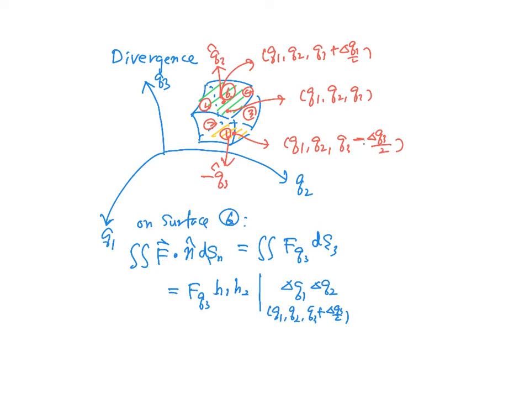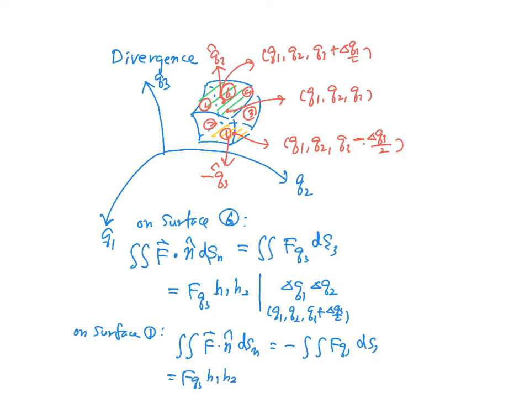So on surface 1, this integral F dot n dS is actually minus F Q3 dS3, which is F Q3 H1 H2 evaluated at Q1, Q2, Q3 minus delta Q3 over 2, delta Q1, delta Q2.